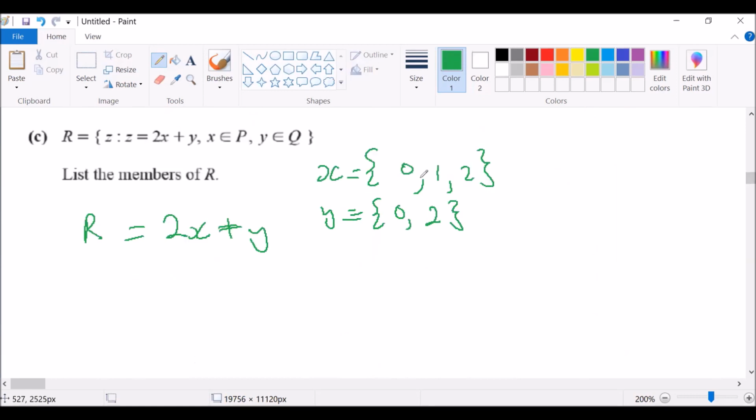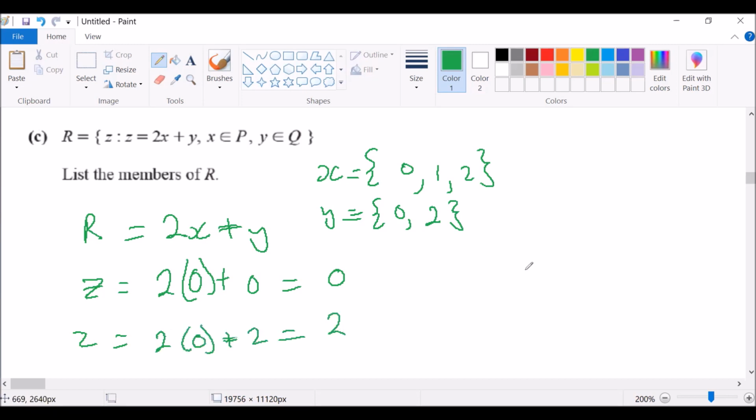When X is 0 and Y is 0, Z is equal to 2 times 0 plus 0, which gives us 0. When X is 0 and Y is 2, Z is equal to 2 times 0 plus 2, which is 2.